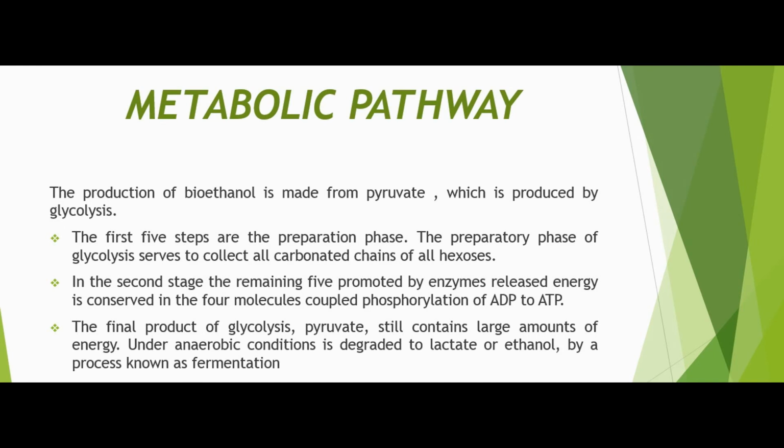In the second stage, the remaining 5, promoted by enzymes, release energy that is conserved in 4 molecules, coupled to phosphorylation of ADP to ATP. The final product of glycolysis, pyruvate, still contains a large amount of energy. Under anaerobic conditions, it is degraded to lactate or ethanol by a process known as fermentation.